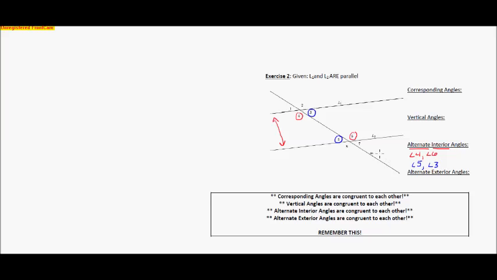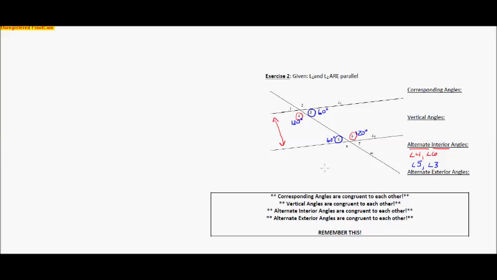And again, they are congruent. So if I put, what have we been using, 120 on this one? Well, I know that this one is 120 because they are a pair of alternate interior angles. If I put 60 on this one, then I know that this one is 60 degrees, again because they are alternate interior angles.